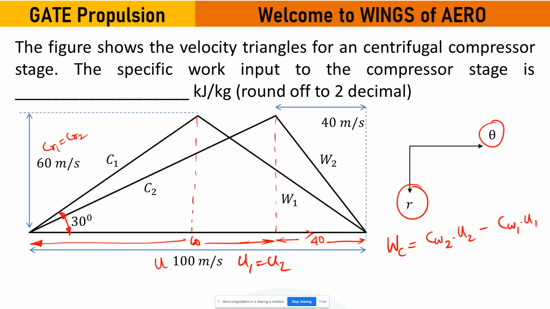I will be able to find CW1 using this triangle, because the angle is given and this value is known to me. I know the angle, so I can find these parameters. Then I will substitute and get my answer.